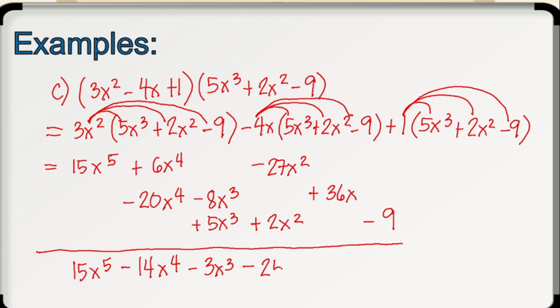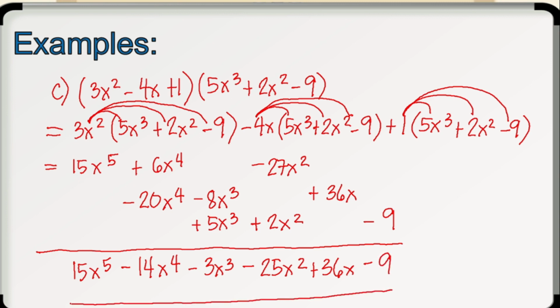Negative 27x squared plus 2x squared is negative 25x squared. Bring down positive 36x, also bring down negative 9. Therefore, our answer is 15x raised to 5 minus 14x raised to 4 minus 3x cubed minus 25x squared plus 36x minus 9.